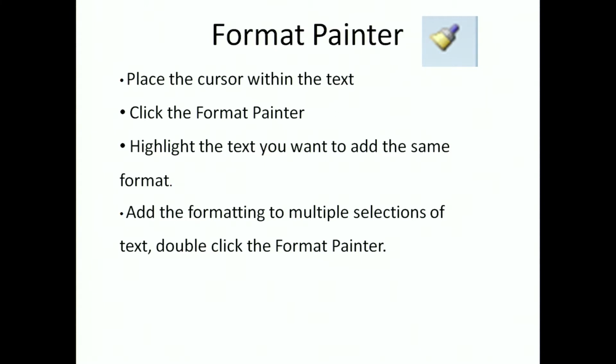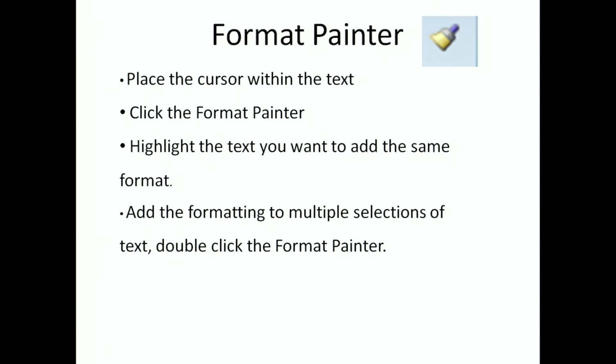Suppose I have entered some information, in that I have applied some effects: I have aligned my content on the left, I have applied bold, and I also used some text color, and also the background color for my text. If I want to apply the same formatting to some other part of my text, I can use the Format Painter feature. For that, we have to place the cursor within the particular text whose formatting we want to copy.